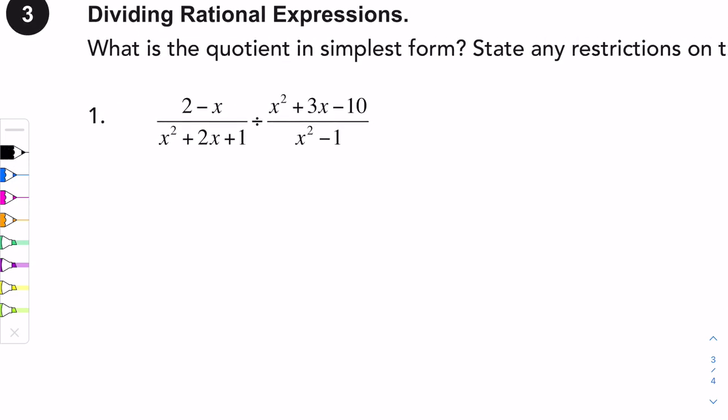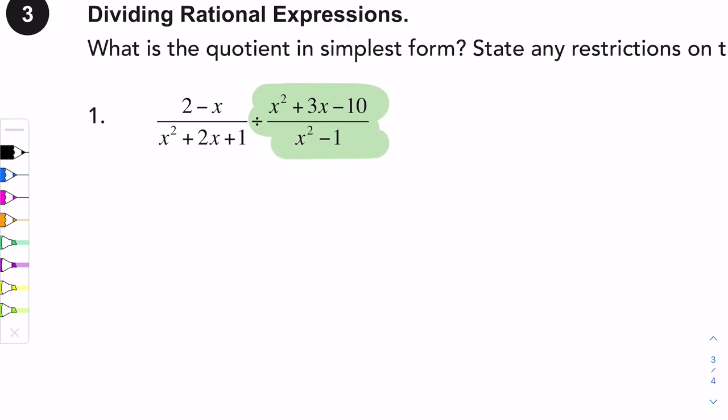Number 1, we have (2 minus x) divided by (x squared plus 2x plus 1), divided by (x squared plus 3x minus 10) over (x squared minus 1). So the second fraction is what you have to multiply by the reciprocal.